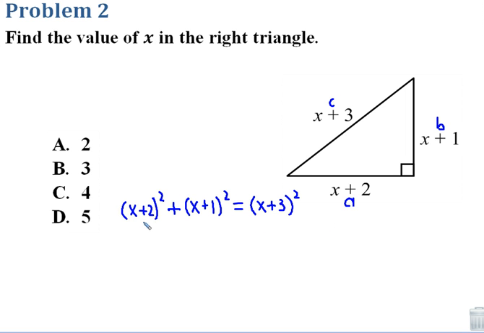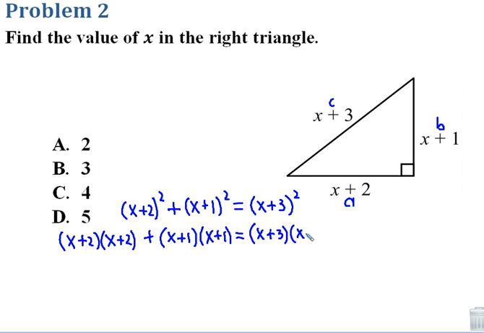Remember when we say X plus 2 squared, what we actually mean is X plus 2 times X plus 2. So that'll be plus X plus 1 times X plus 1 is equal to X plus 3 times X plus 3. So a geometry problem with a bunch of algebra involved here. Let's go through this step.